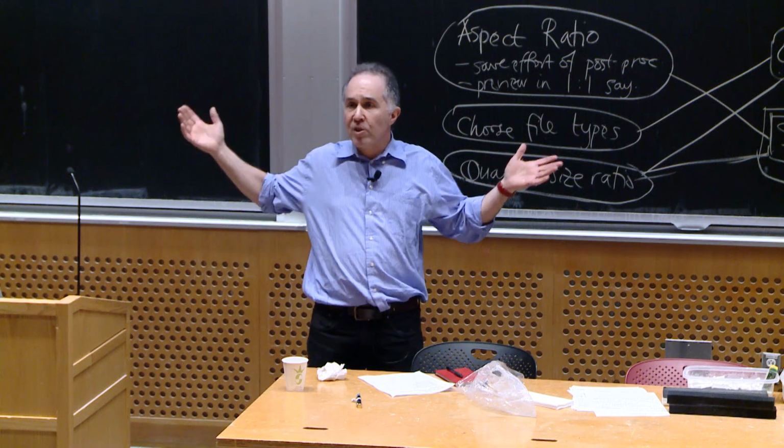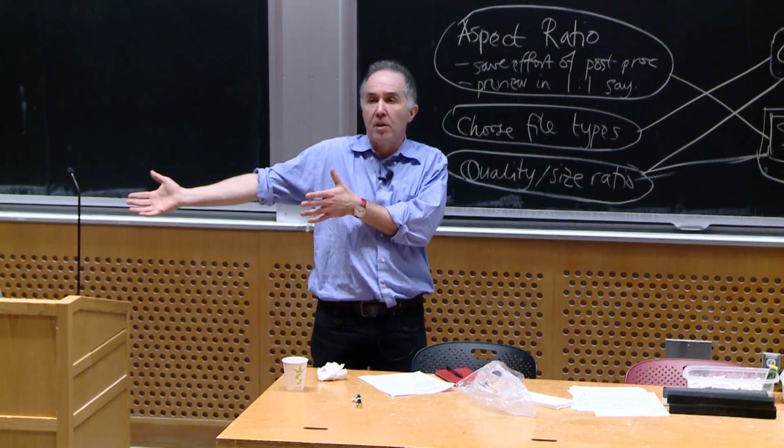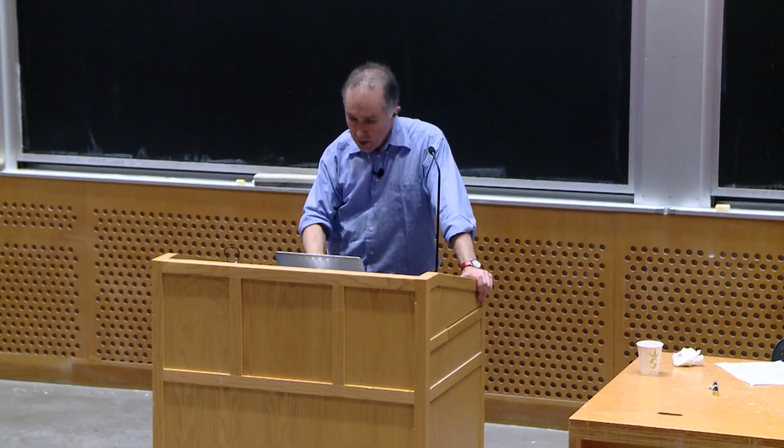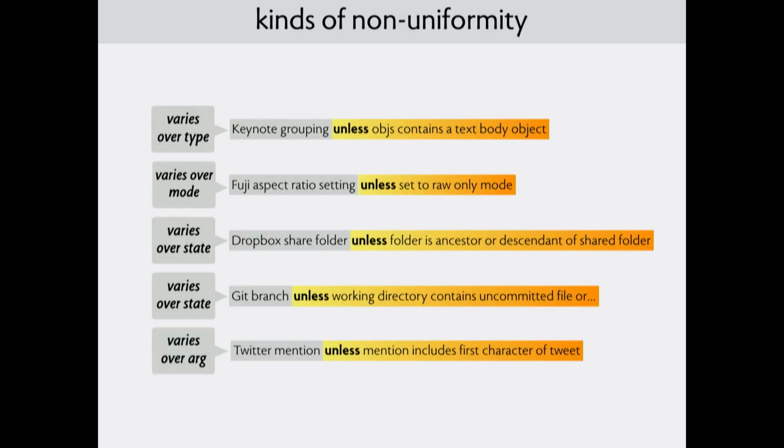That's very painful. Why should you reconcile the conflicts before you make a new branch? You want to get on with your work in another branch. You don't want to reconcile your conflicts, but Git won't let you do that. Okay, and the point is that each of these different kinds of non-uniformities are over different aspects, whether it's the argument to an action or the state you're in and so on. Okay, so that's the idea.